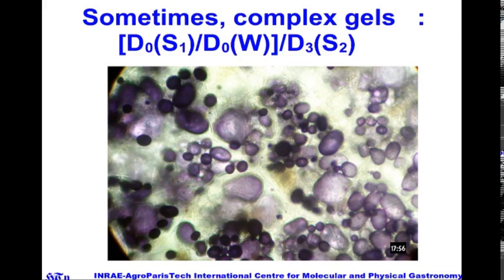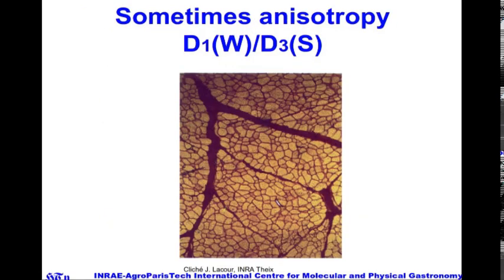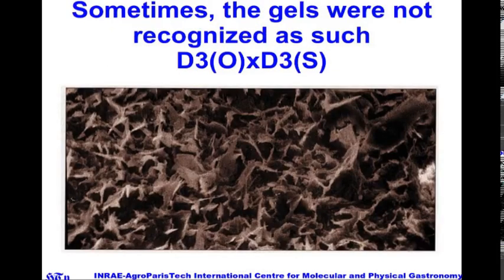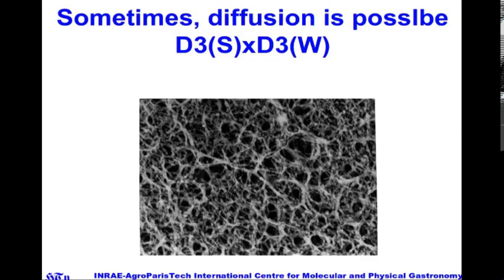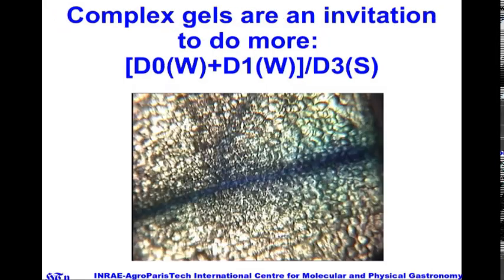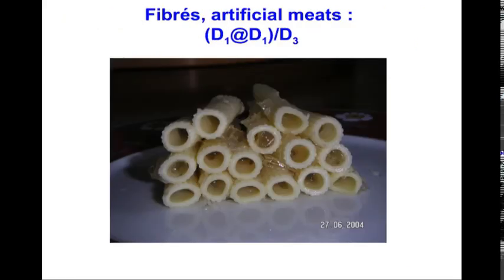Now, for some gels, of course, we said that it was more complex. Here is the formula for the potato, for the meat, for the chocolate. I told you that sometimes there can be some diffusion. There can be more complex gel. And, of course, we can come back to this picture of the fibre, artificial meat.